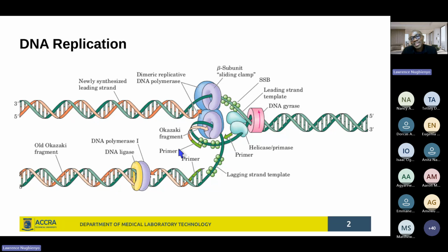Oh, okay. Godwin, it isn't that when the synthesis is ongoing the strand is going to be straight as you are seeing it, but then later it becomes wavy. No, it's just that because it's an animation, it has been simplified such that when you watch it, you will understand it.